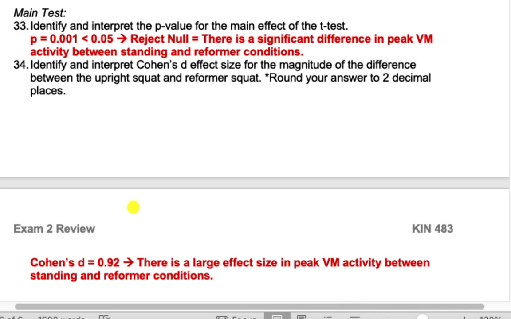Remember that the criteria for Cohen's d effect size are listed in the SPSS output PowerPoints for the t-tests. Effect sizes at around 0.2 or 0.3 are considered on the small side, around 0.5 are medium effect sizes, and greater than 0.8 are considered large effect sizes.